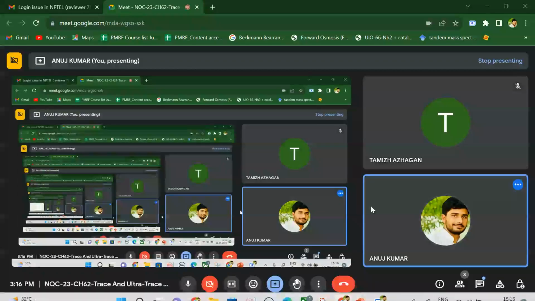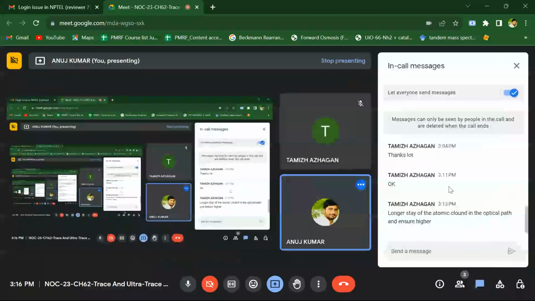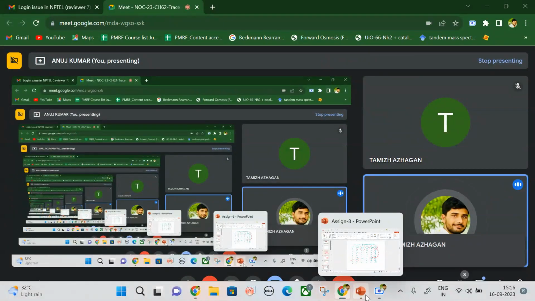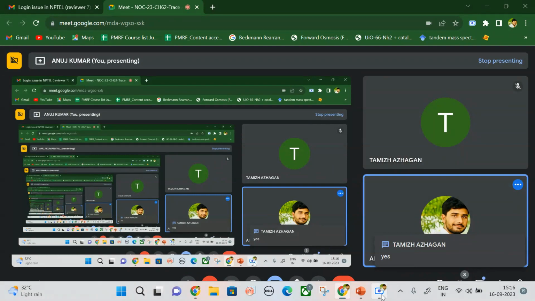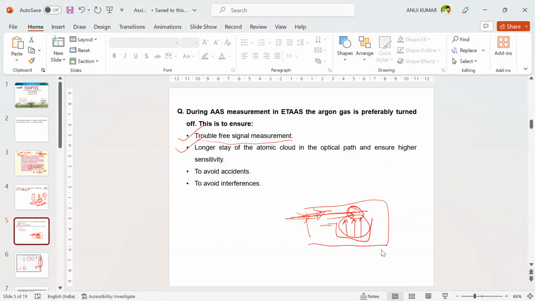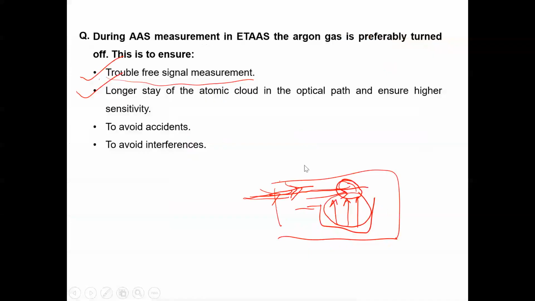Clear? Yes, longer stay of the atomic cloud, but there is also one option. Yes, the first option is also correct here, the trouble-free signal measurement, right?